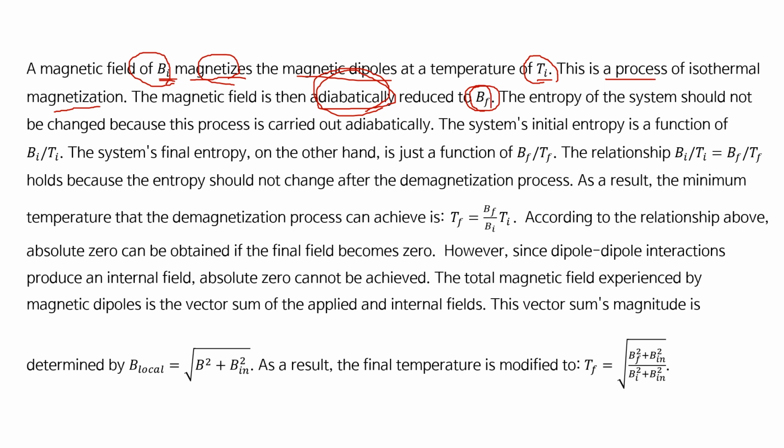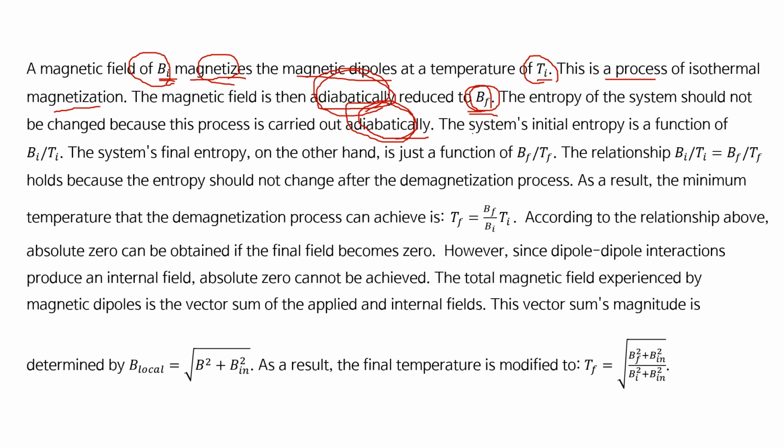We can turn off the magnetic field. Let's say we reduce the magnetic field down to Bf. The entropy of the system should not be changed because this process is carried out adiabatically.